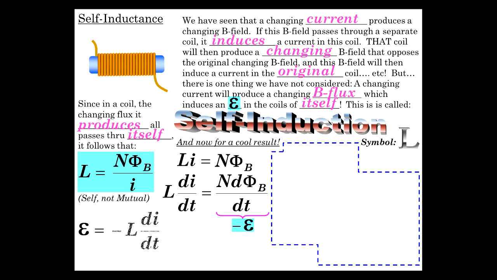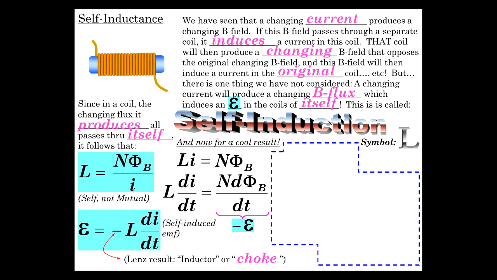Therefore, EMF equals minus L di/dt. This is a self-induced EMF. The negative sign is basically the Lenz result, which is always that the induced effect opposes the original change.